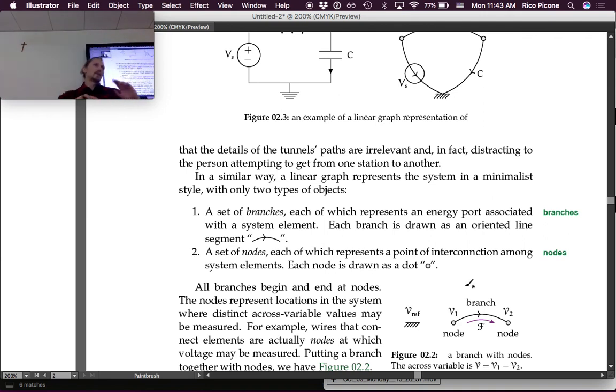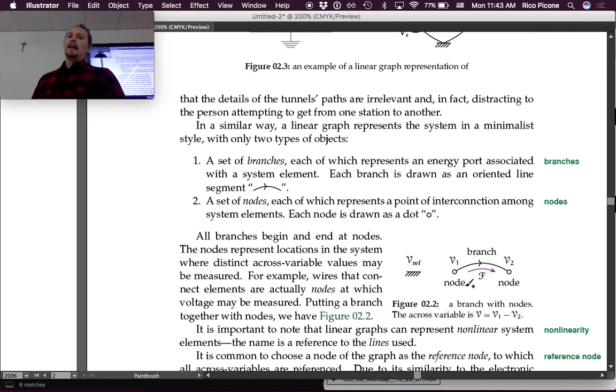So if a resistor connects to an inductor, then they connect at a node. Okay? All branches begin and end at nodes. The nodes represent locations in the system where distinct across variable values may be measured, which is an important point.